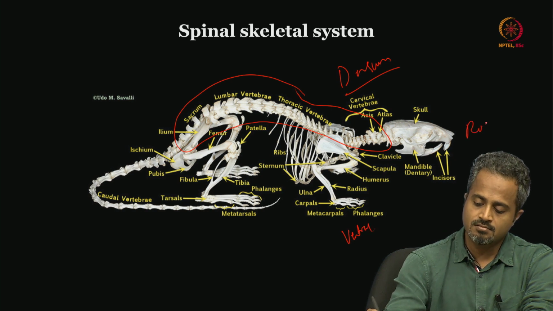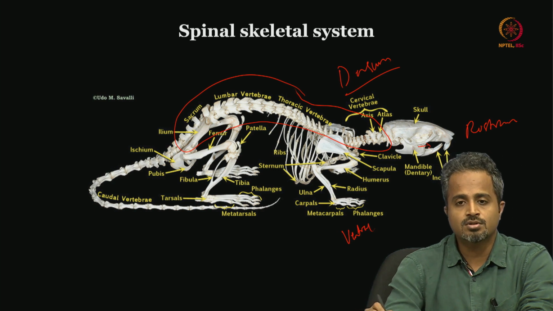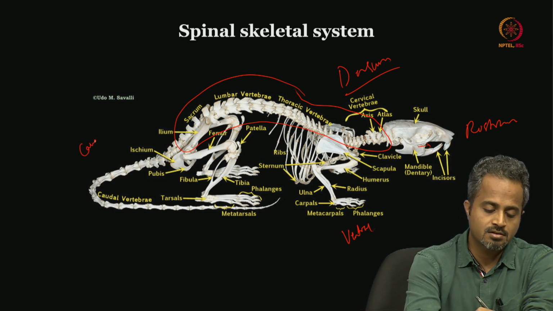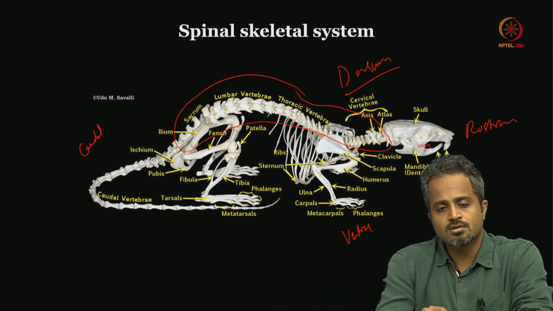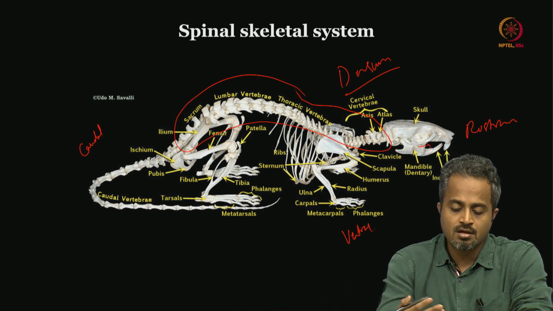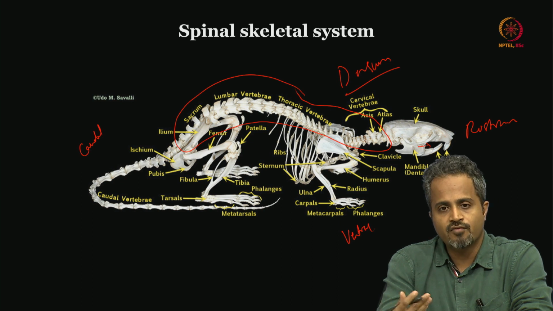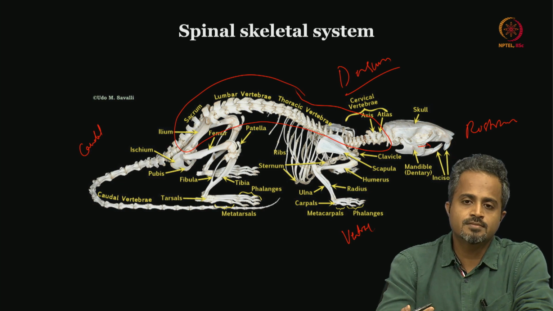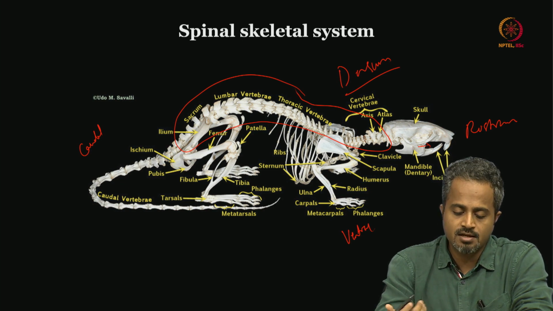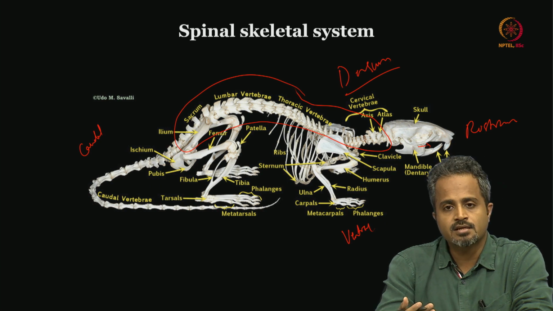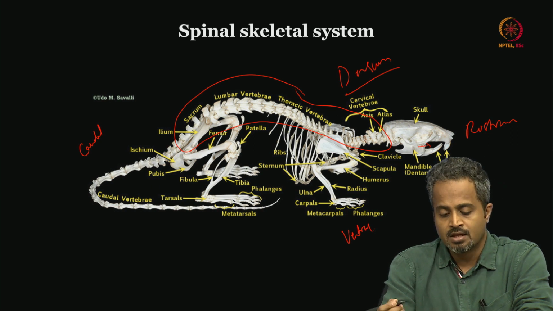So this is rostrum, that is towards the mouth of the organism, and that is caudal. So I am trying to use these terminologies as often as possible, so that you will also get familiarized with, because most of these anatomical terms are very important when we deal with surgical techniques and various surgical strategies.